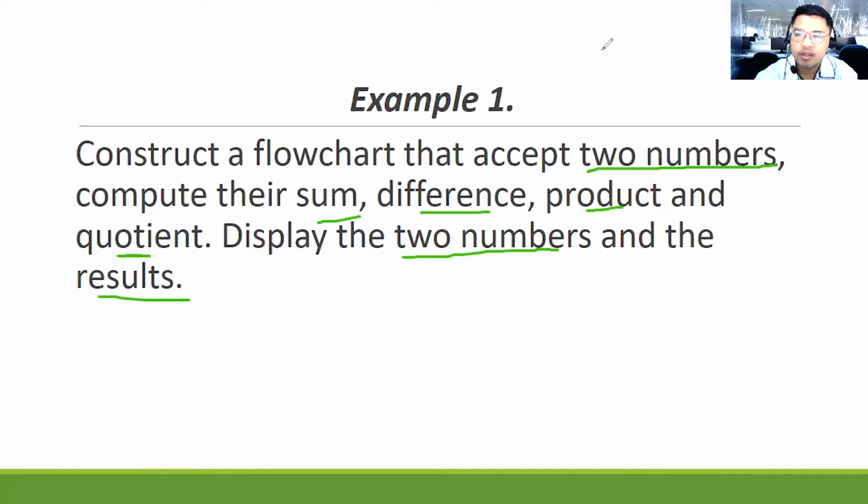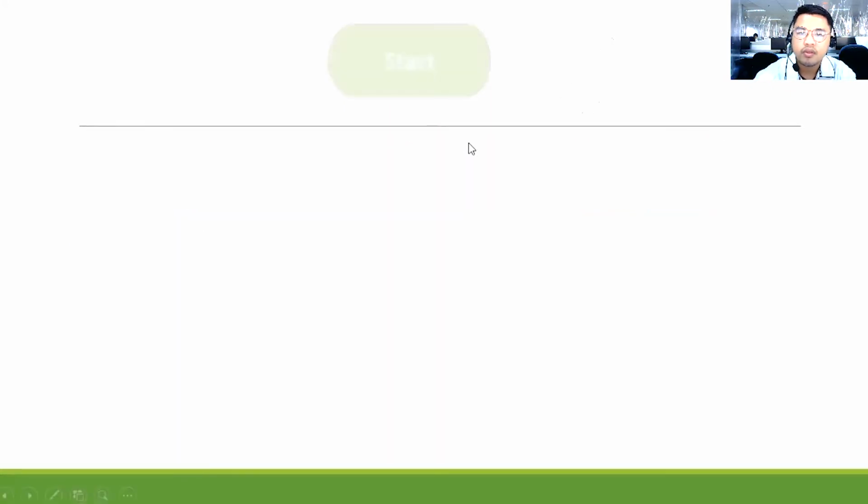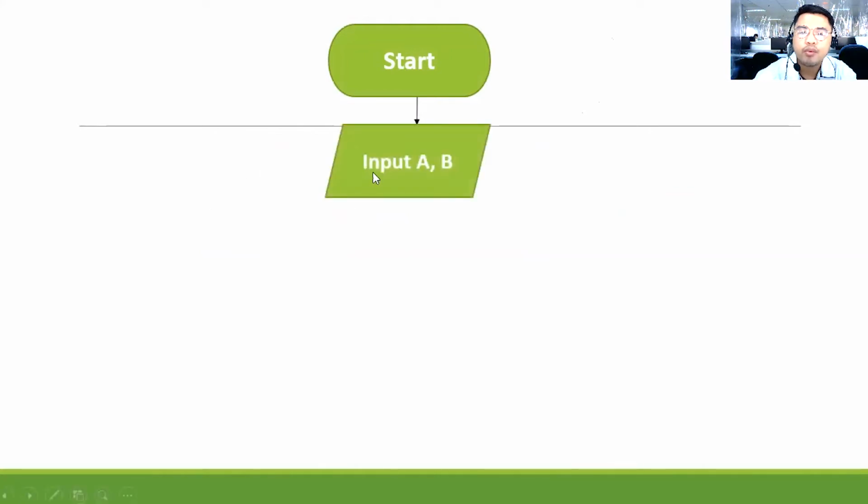Okay, so let's draw the flowchart. First, we'll start with a terminator. The next is the flow lines. Then we'll input the two numbers, A and B. We'll use the input or output box, or the parallelogram.